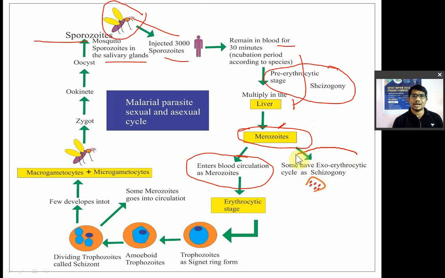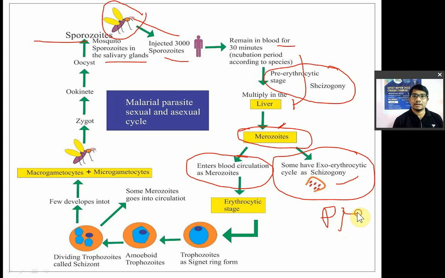If conditions are not favorable to them, they become dormant, as if hypnotized or sleeping. For Plasmodium vivax, Plasmodium ovale and Plasmodium malariae, some of the merozoites become dormant, and they are known as hypnozoites. This stage is known as the exoerythrocytic stage or exoerythrocytic schizogony. And remember, Plasmodium falciparum will not have this exoerythrocytic stage.